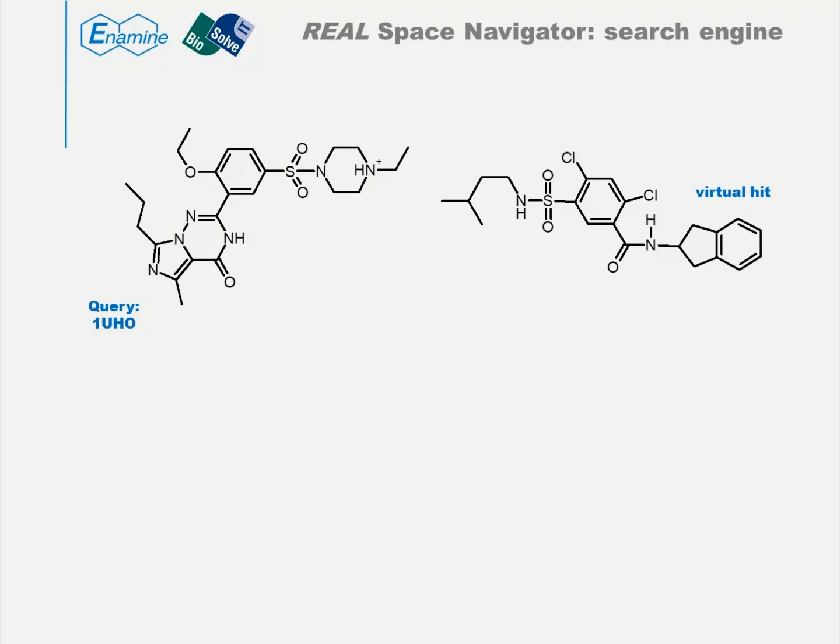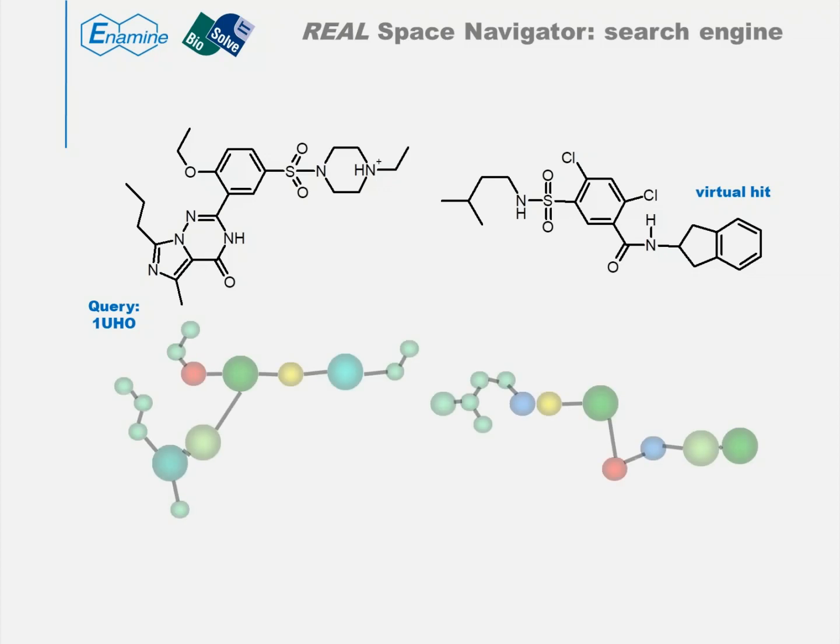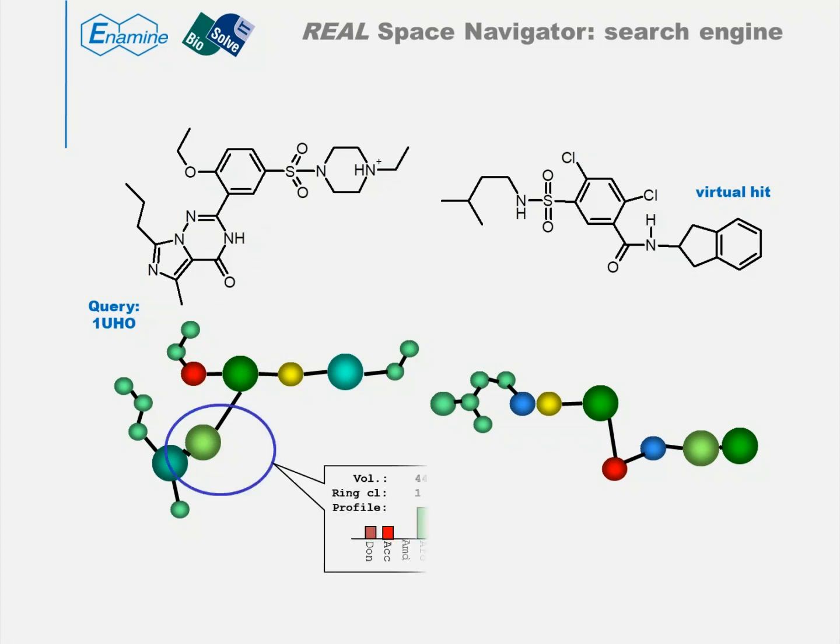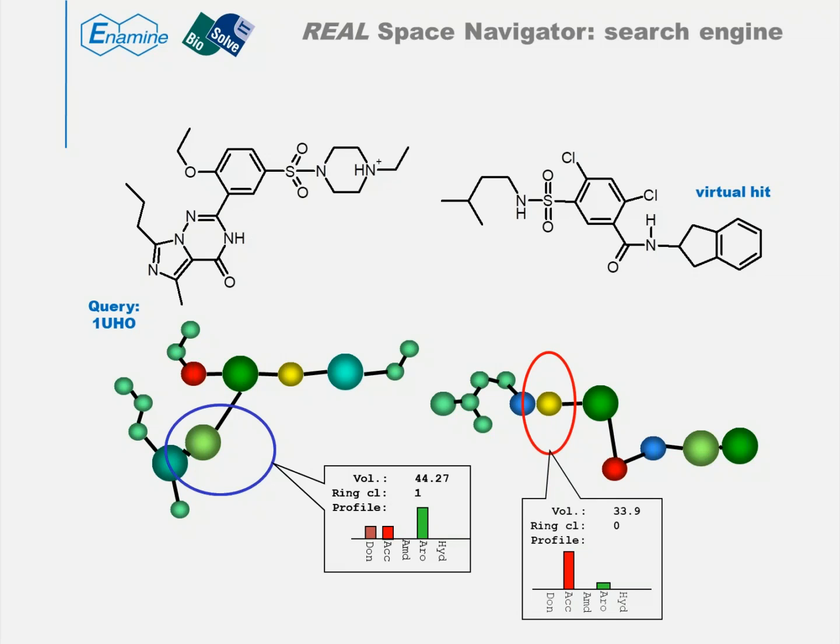It's called Ftrees, and Ftrees is a pharmacophoric kind of descriptor of a molecule. Let's, for example, take this query here. It's a molecule from the PDB, and Ftrees builds a tree. So there are branches, but there are no cycles, only trees, of this molecule regarding the pharmacophoric properties of the individual parts of the molecule.